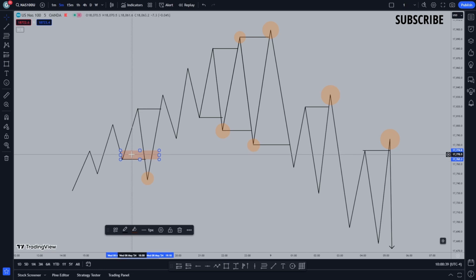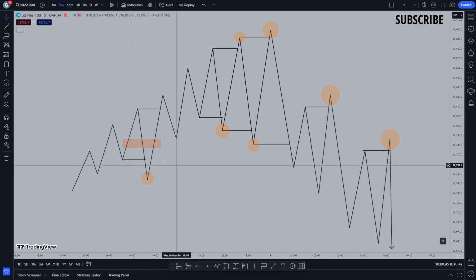Or if somebody is a trader who has half knowledge about smart money concepts, he will find one small imbalance, call it a fair value gap over here, and take entry from here. His stop loss will also get hit. And a person who trades break and retest, his stop loss will also get hit.